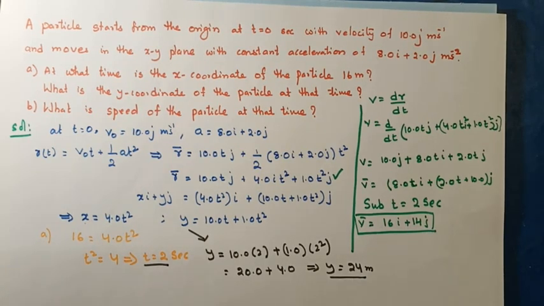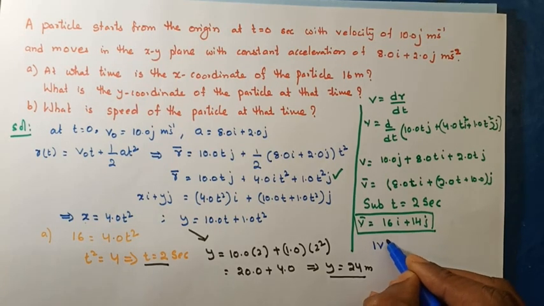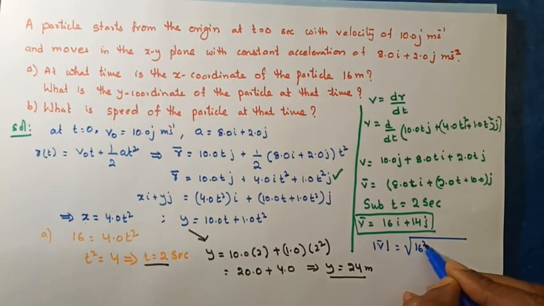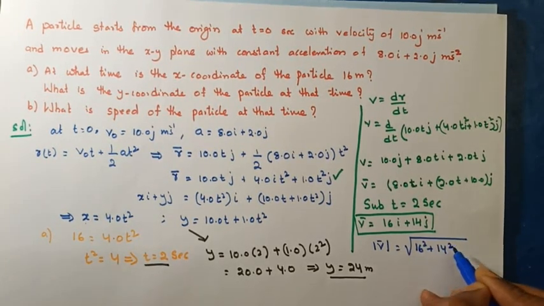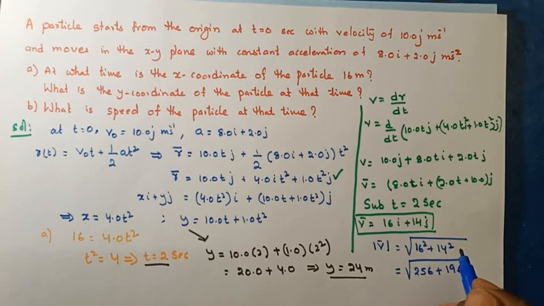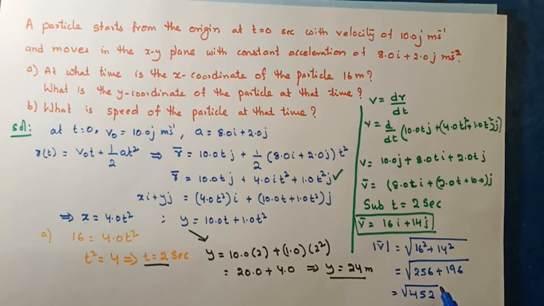Now how to find its magnitude? 16 squared plus 14 squared is 256 plus 196, which is 452.